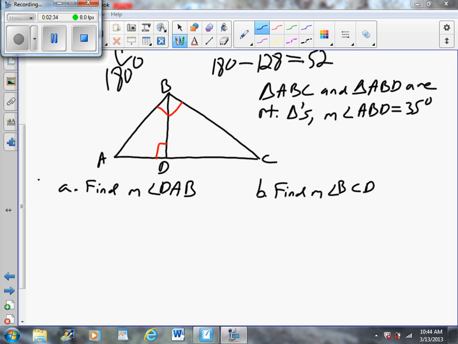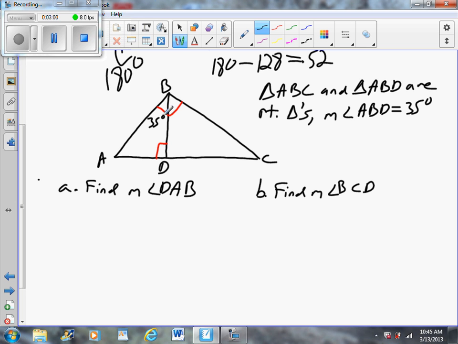Now, suppose that the measure of ABD, this angle right in here, measures 35 degrees. What would be the measure of angle DAB? And first of all, where is DAB? It's right here, right?